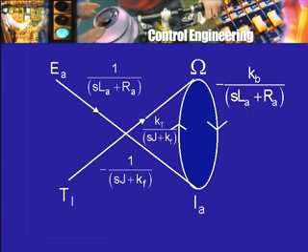Let us say I am interested in the variable omega in terms of Ea and TL. Therefore I have to find out the delta. What was delta? Delta was the discriminant of the set of equations, or by Mason's gain formula it is 1 minus etc. So let us do that.